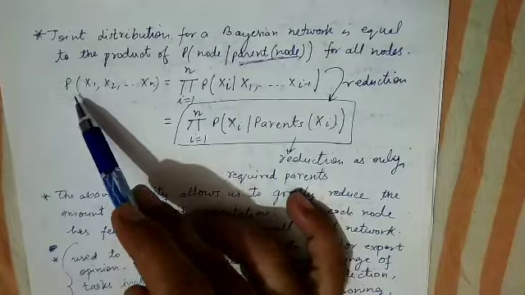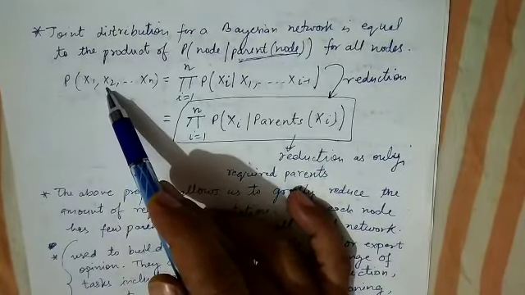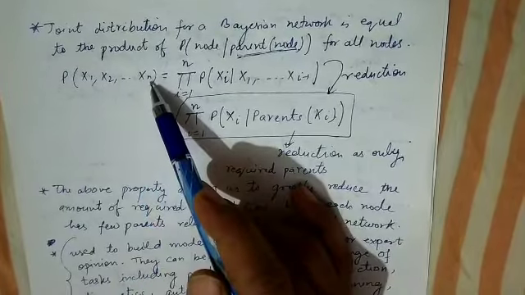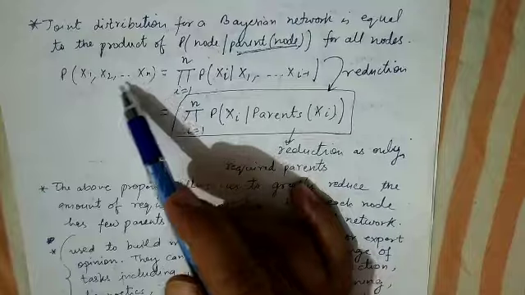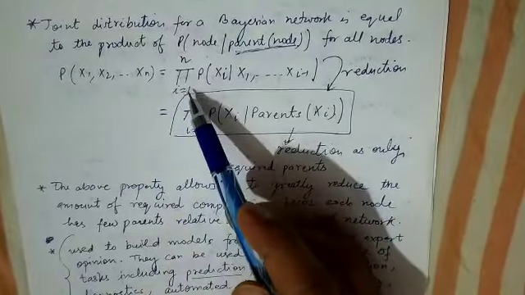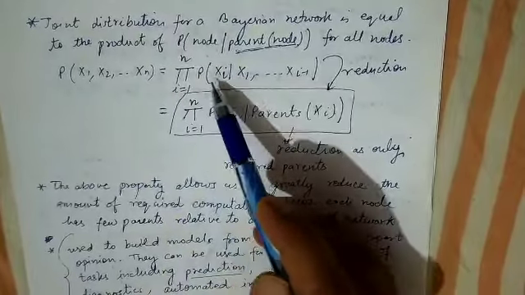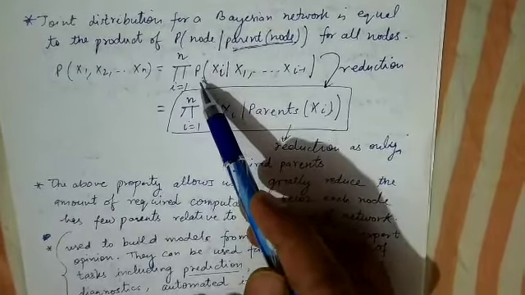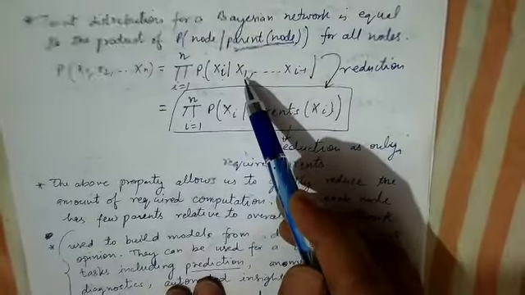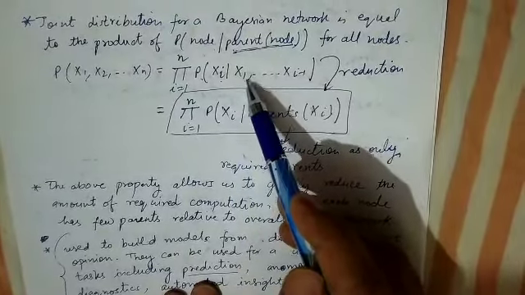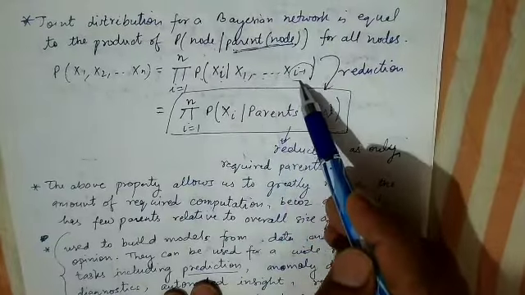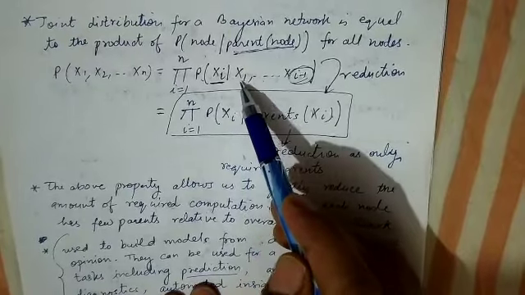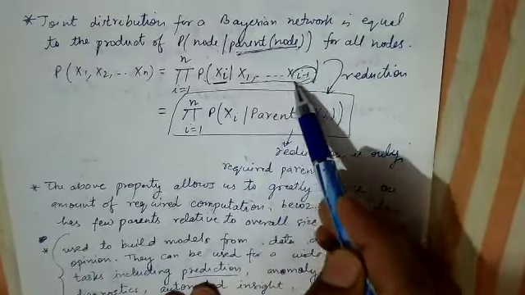Just see here, the probability of x1 given all the other variables x2, x3, xn will be equivalent to the product, i from 1 to n, of the probability of xi given the variables x1, x2, x3 up to xi minus 1. So for xi, the given variables will be from x1 to xi minus 1.